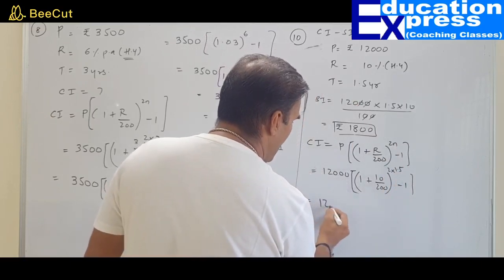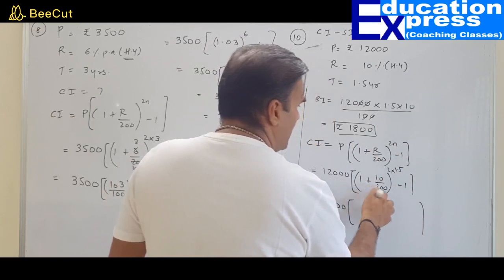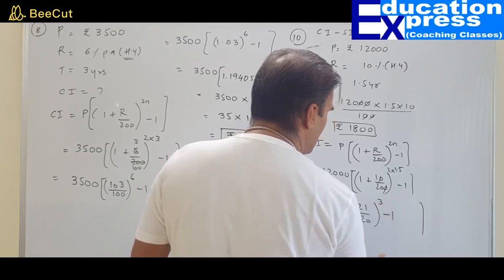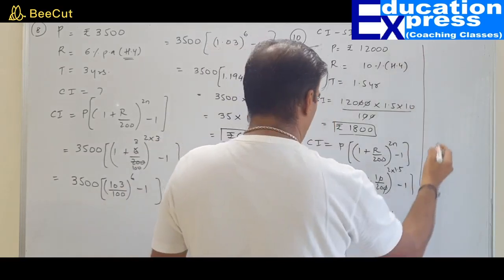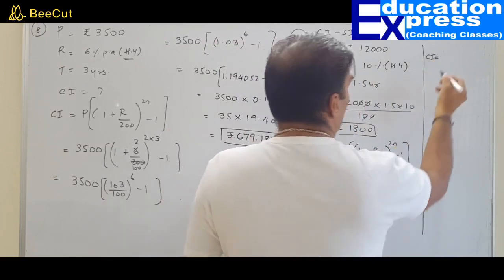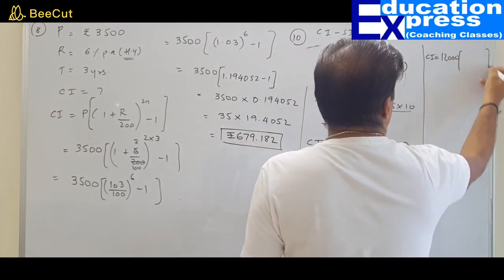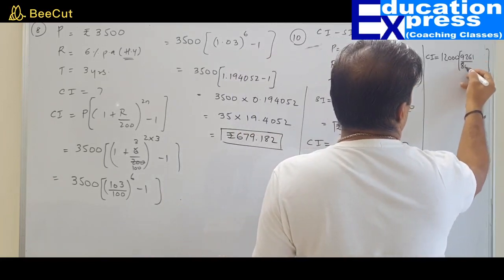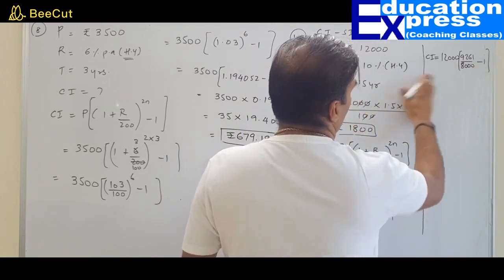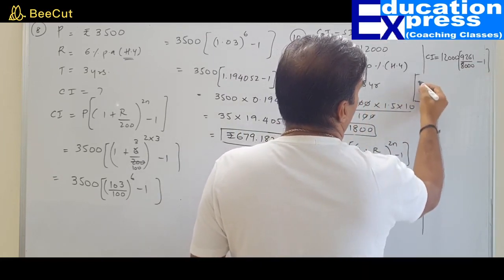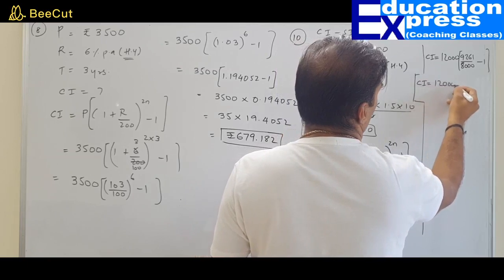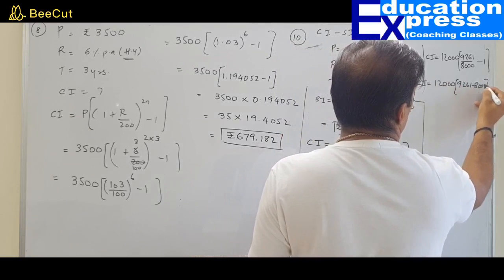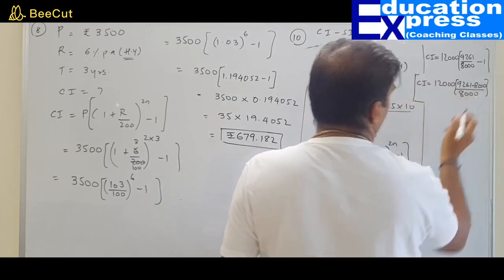So it's going to be 12,000. 0 cancels 0. 21 upon 20, the whole thing raised to 3, minus 1. So my compound interest would be 12,000 multiplied by 21 cube, 9261 upon 8,000, minus 1. So my compound interest is going to be 12,000 multiplied by 9261 minus 8,000 upon 8,000.